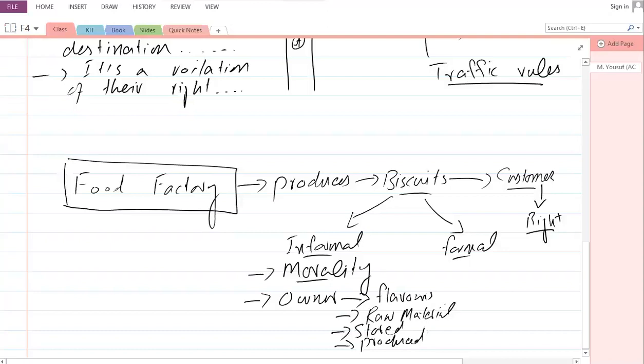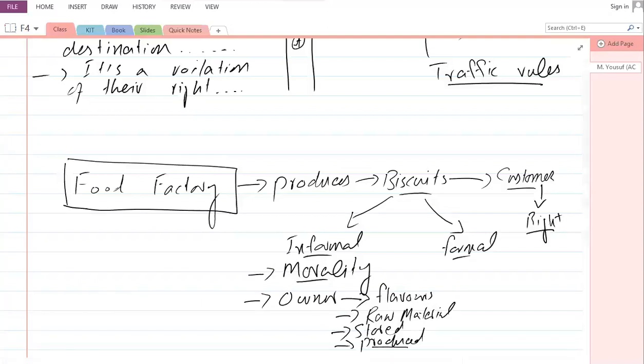There might be a case that, if it is in the hands of the owner, he might use some ingredient that is harmful for the customer. There can be a case that raw material is stored without applying proper temperature, so that material can be damaged. There can be a case that this product is produced in such a way that is hazardous for the environment, for example the chemical wastage.